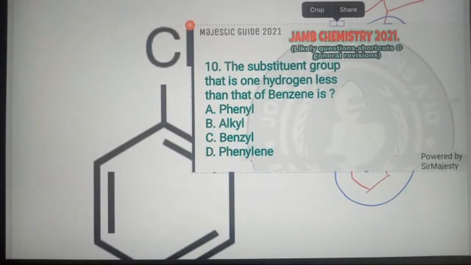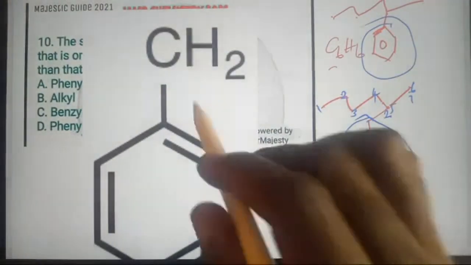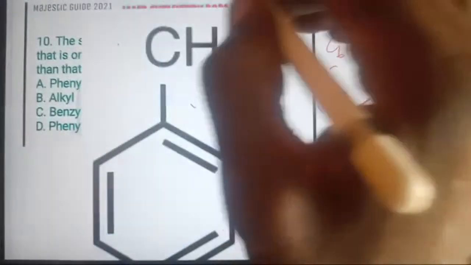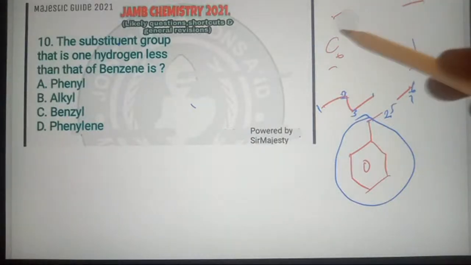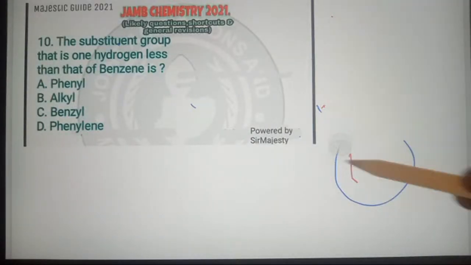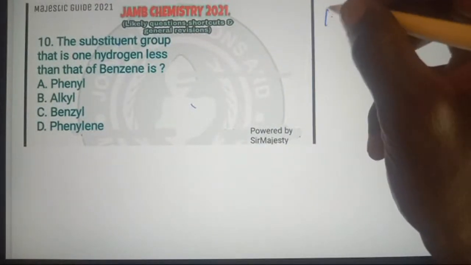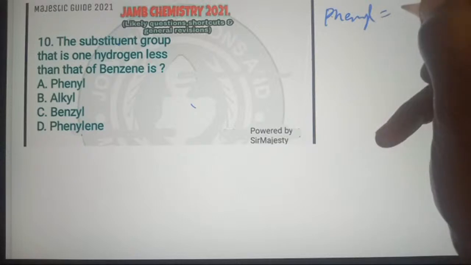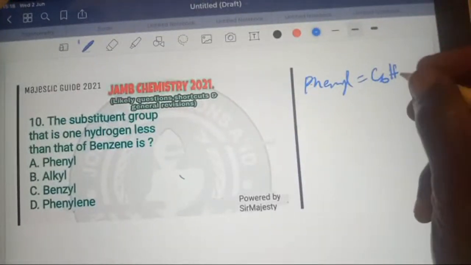Now, if you have your questions, please, I'll be here to welcome them all. By molecular formula, phenyl is C6H5.